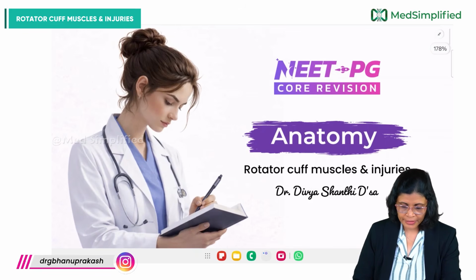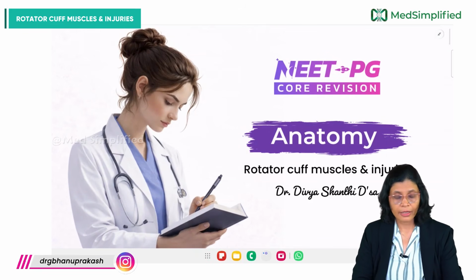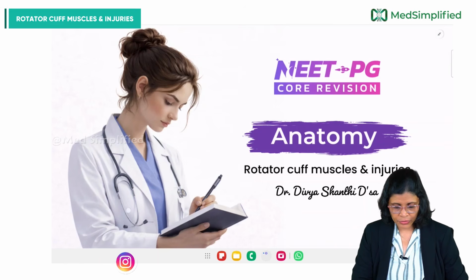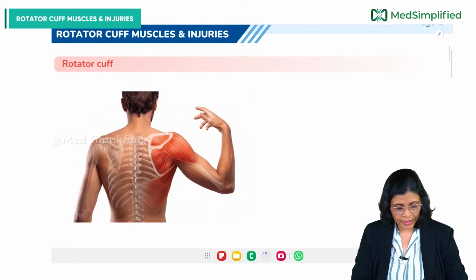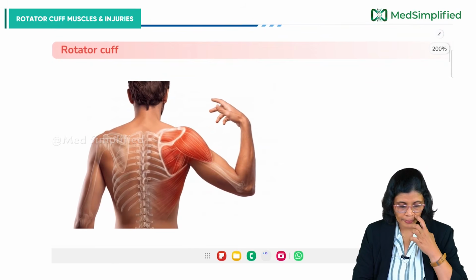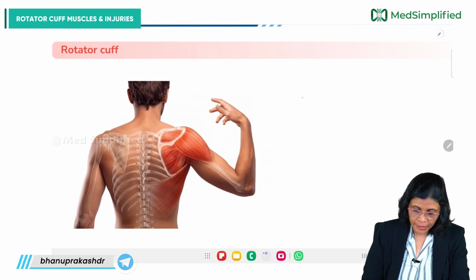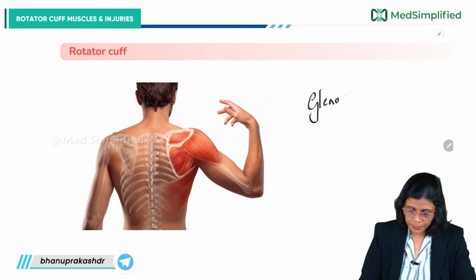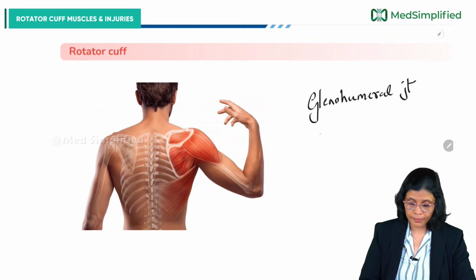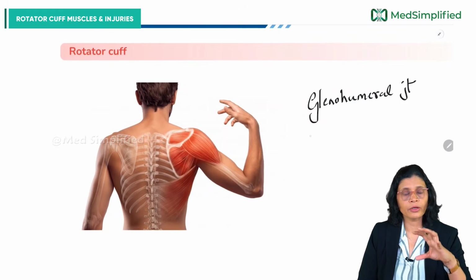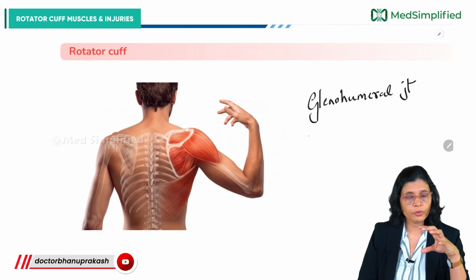So when we say rotator cuff muscles, why do we call them rotator cuff muscles? They are present around the glenohumeral joint, which we commonly call the shoulder joint. They form a cuff, holding this shoulder joint in position.